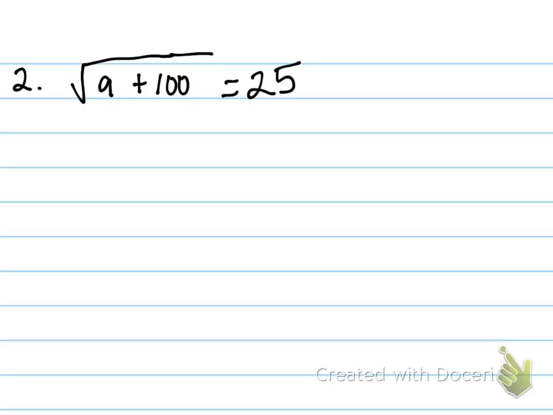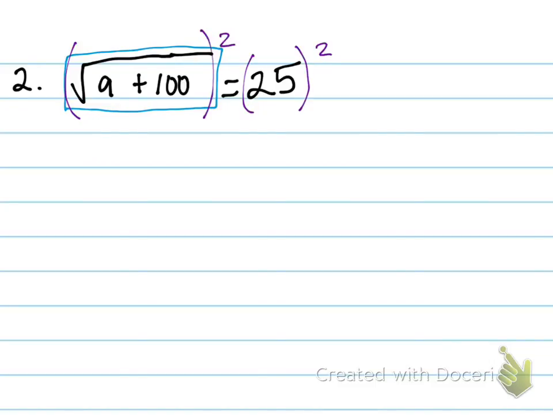The next one we have square root of a plus 100 equals 25. The radical is isolated. It's by itself. So raising it to the appropriate power, I'd want to square each side again. Whenever I square the left side, I get a plus 100.